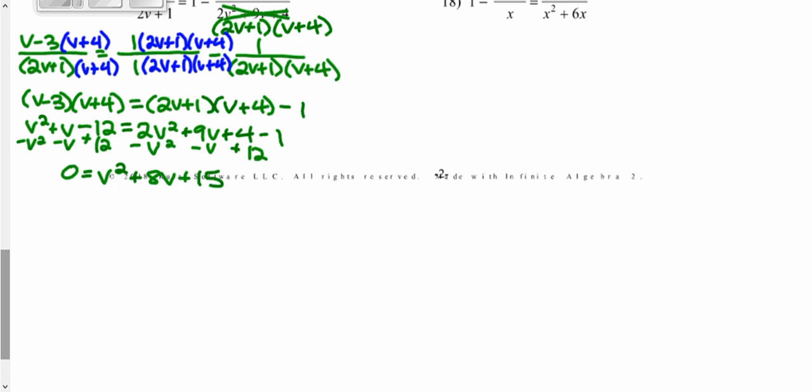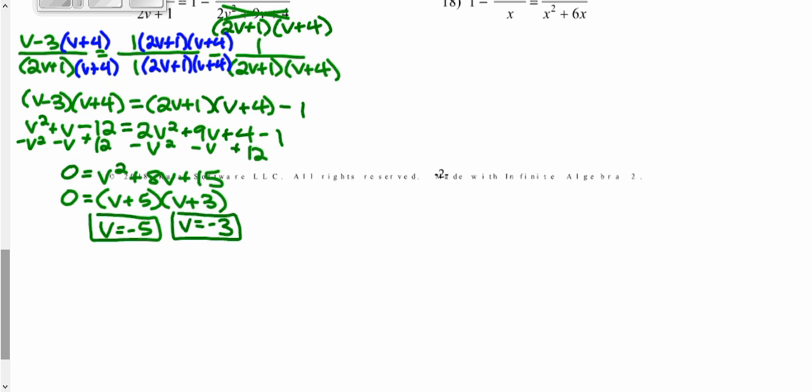This is a quadratic, we can factor it. Numbers that multiply to 15 and add to 8 would be positive 5 and positive 3, which means the zeros would be negative 5 and negative 3. Always check to make sure it would not make your denominator equal to 0, which they would not.